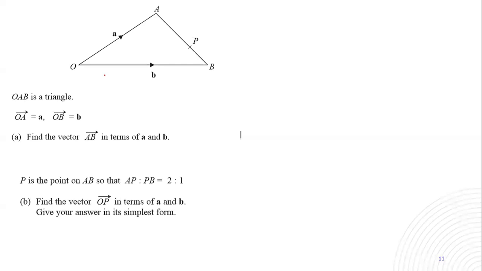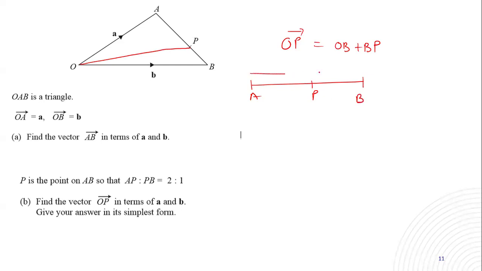People who have used this one, O to P is equal to O to B plus B to P. So here I want us to be very, very careful. The line we have was A, this was P, and this is our B. The direction for our line to B, this was our direction, and we obtain it as B minus A. Our line A to B, I want you to be very careful.